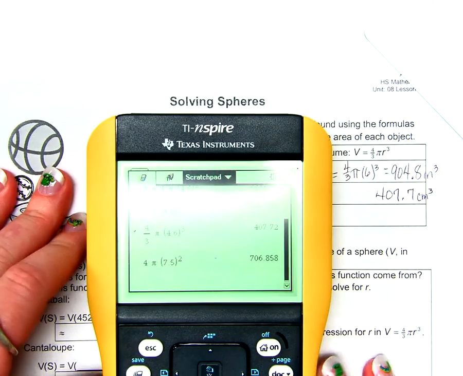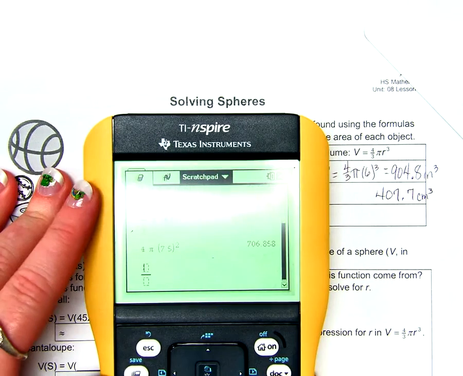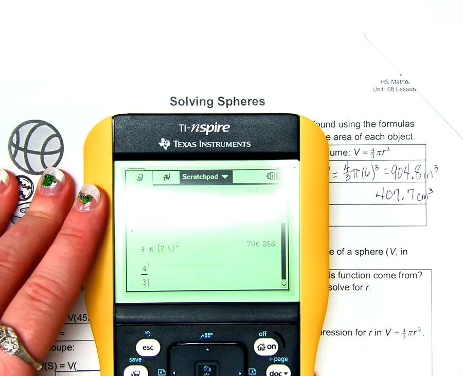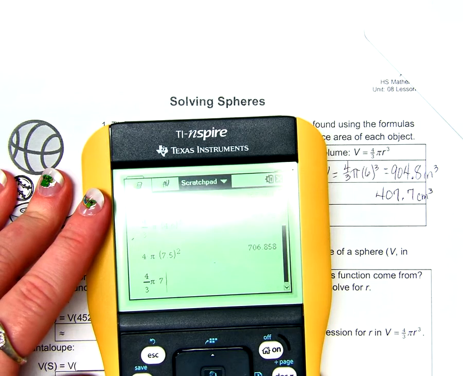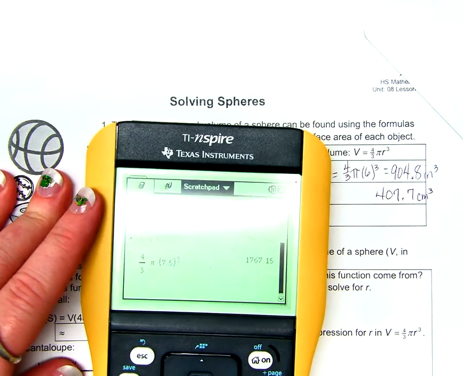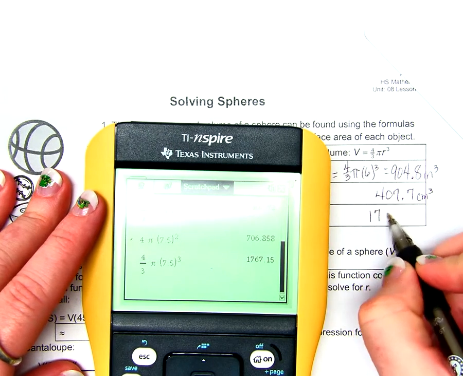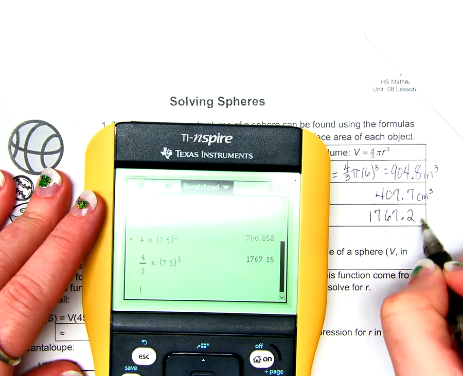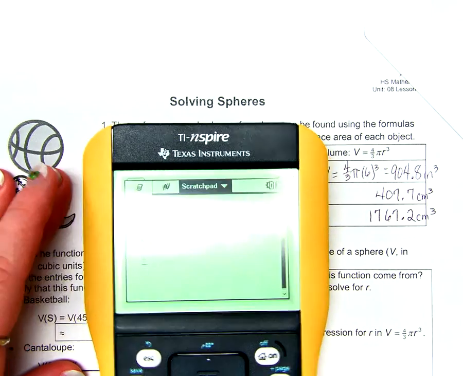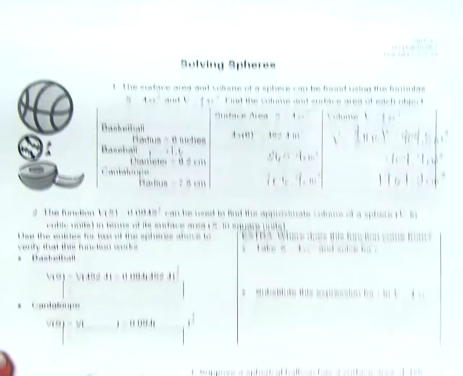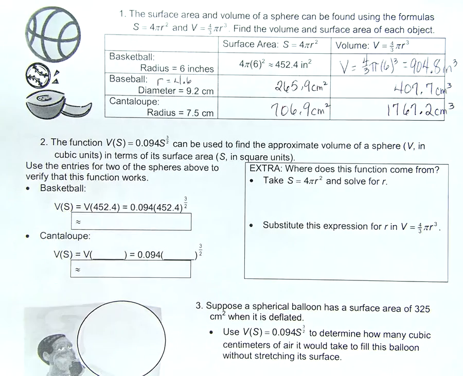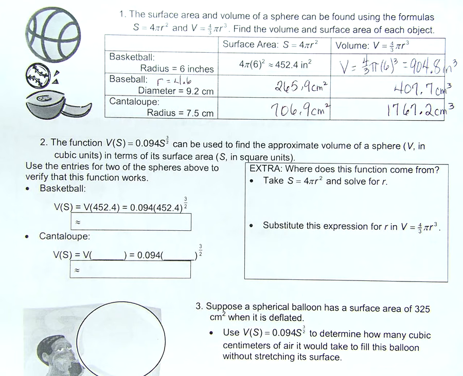And if we do the volume of our cantaloupe, control divide for 4/3 pi times, what was it, 7.5 cubed. 1767.2 centimeters cubed. Okay, so that's just some background information. Plus we haven't done volume and surface area in a while, and it doesn't hurt to brush up on things like that.